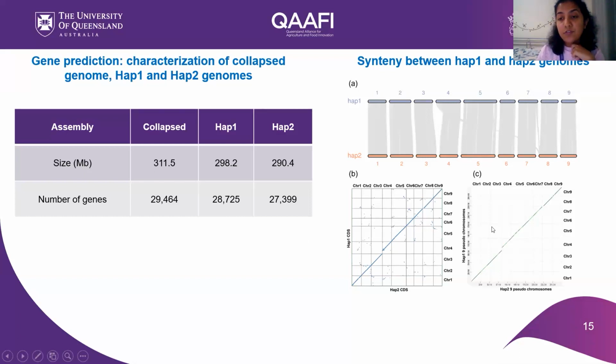It further confirms a syntenic arrangement of these 2 subgenomes, and we have some structural variations in some chromosomes in these 2 haplotypes. This basically reveals the differences between these 2 haplotypes, and it's really important to understand these variations to understand the phasing information of this genome.